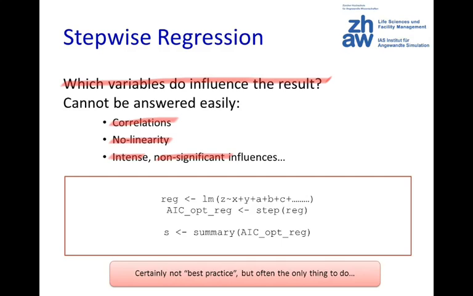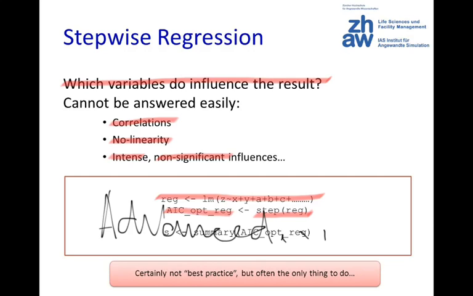So there is something called stepwise regression, where you can give a model and do a stepwise regression which uses the Akaike information criterion, but this is a little too advanced for this course. One must mention that this Akaike criterion is not really best practice, but it's often the thing that is being done.